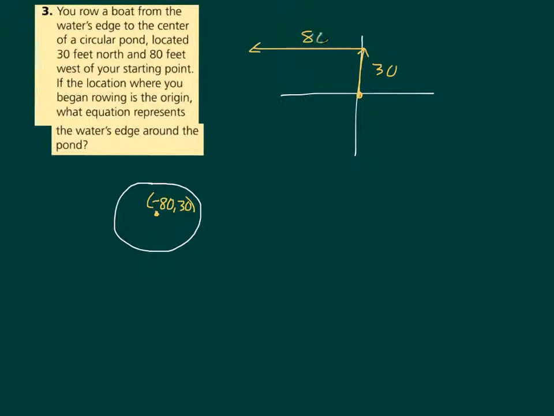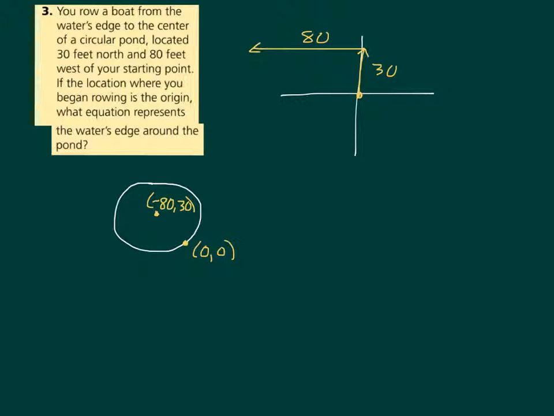Well, it depends on where you're standing. So now, what we need to do to get the equation is to find out what the radius is. The nice part is we know the center and we know a point on the circle: (0, 0), the point at which we started on the water's edge.